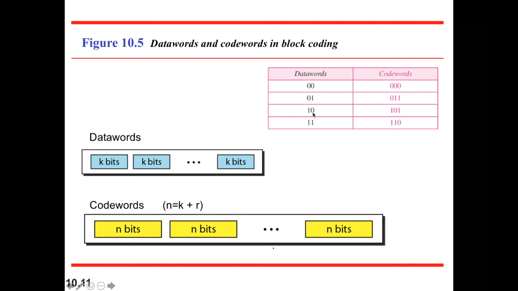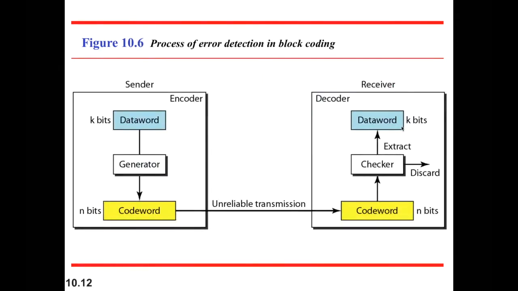Similarly, our data 10, when we generated a redundant bit, it was 1, and now the code word will become 101. Once again, 11 will become 110 because here the redundant information generated is 0. How to generate this redundant information? This topic is coming in the later slides. We will see it in detail, inshallah.